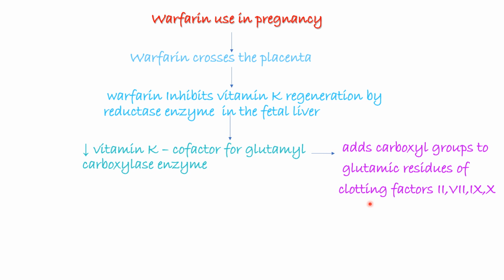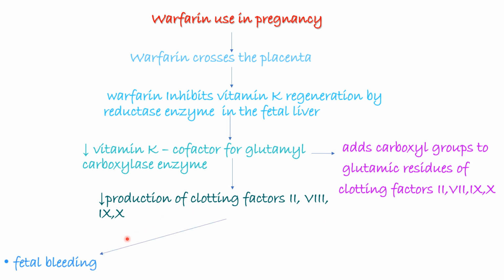These ones you have to know: factor 2, factor 7, factor 9, and factor 10. Because these factors are not active, we are prone to bleeding. So we have decreased production of the clotting factors 2, 7, 9, and 10.